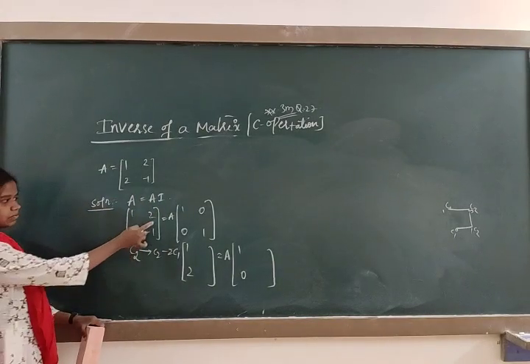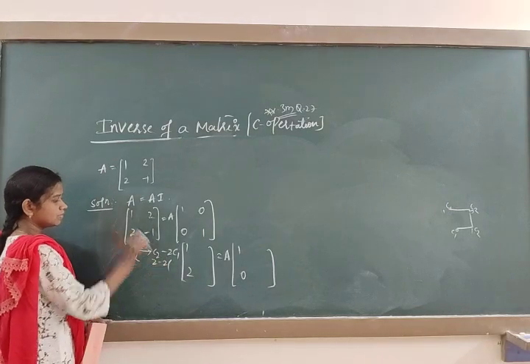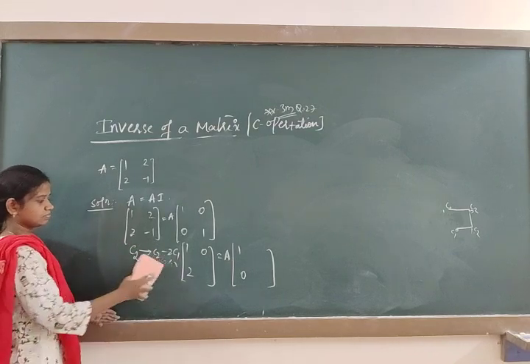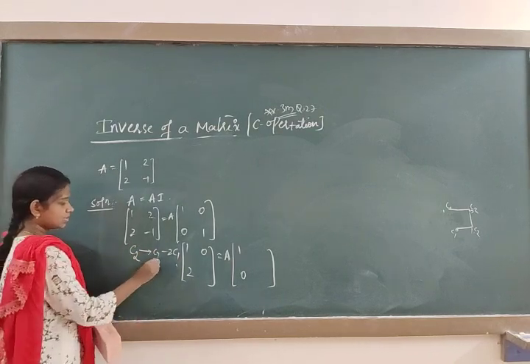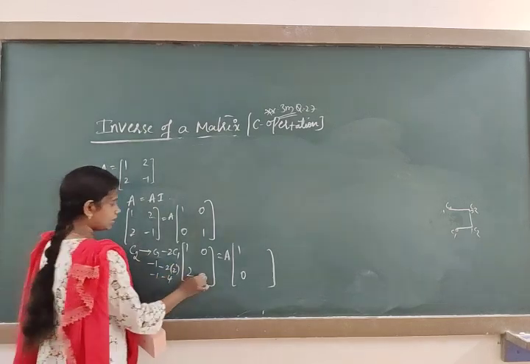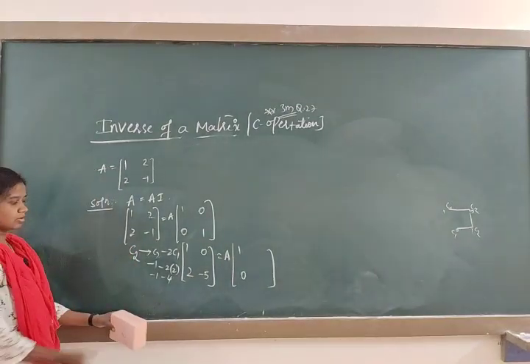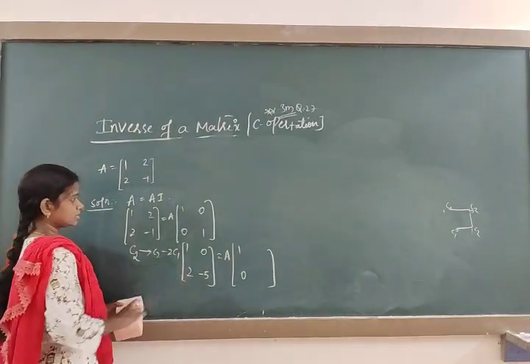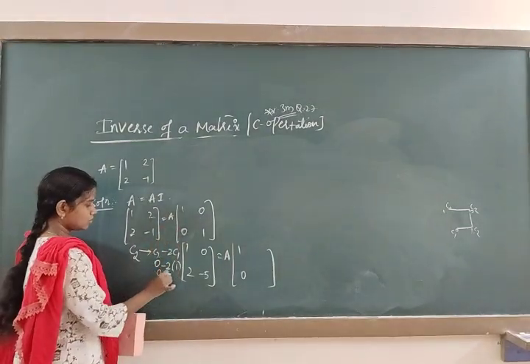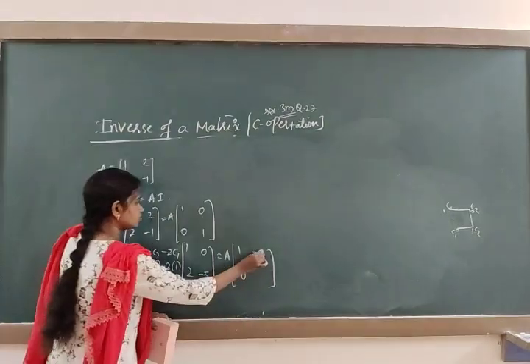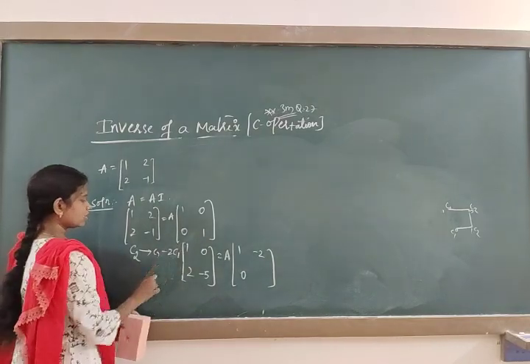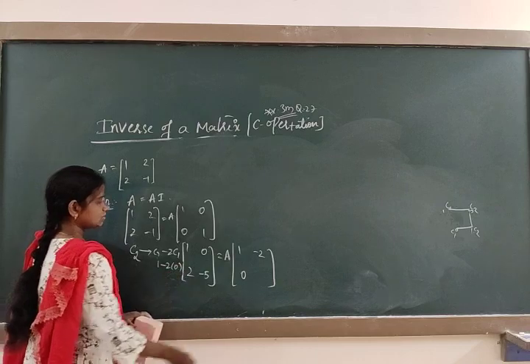Next substitute in the transformation: 2 minus 2 into the C1 value 1, it's a 0. Next this is minus 1. Minus 1 minus 2 into 2, minus 1 minus 4, it's a minus 5. Next this is 0, minus 2 into 1, so 0 minus 2, it's a minus 2. Next this is 1 minus 2 into 0, it's a 1.